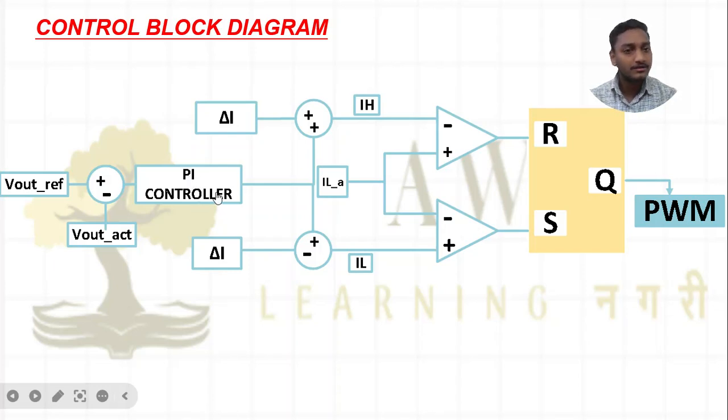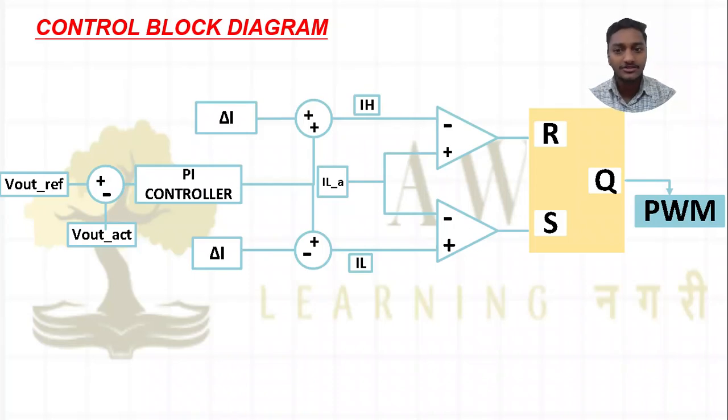We need to make sure the phase margin should be greater than 55 degrees and the gain crossover frequency should be nearly FSW by 100. This is the requirement we have.